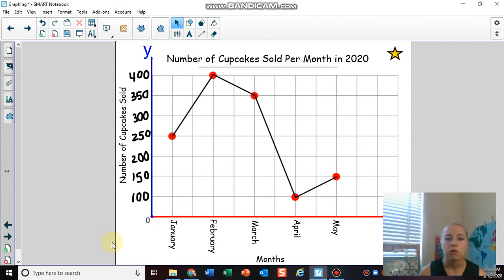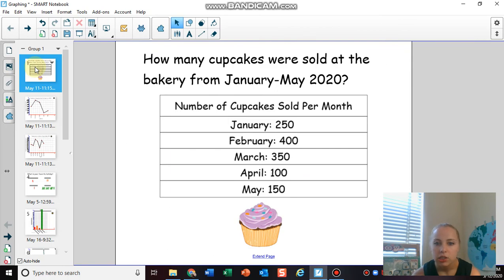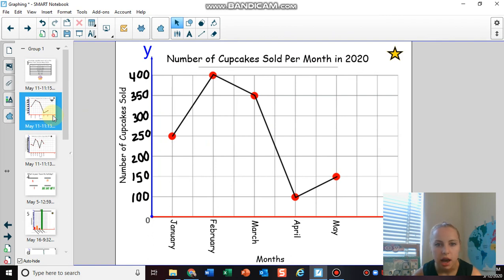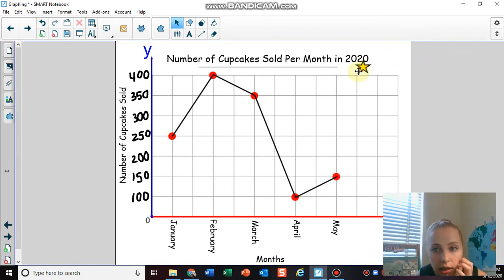Now we have our beautiful line graph, and you can see how the sales of cupcakes really dramatically went up and then way down in April when people started to stay at home. Now remember, I just made these up, but it's just something easy for us to keep track of as an example for how sales can change over time. So as you can see, the highest point on our graph is here and the lowest point is here.